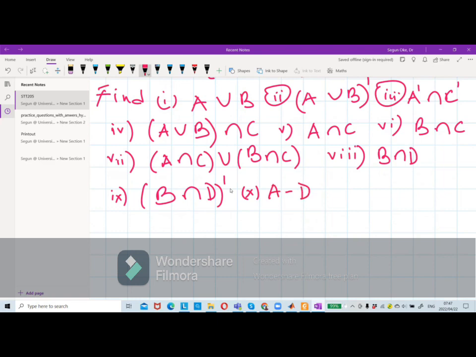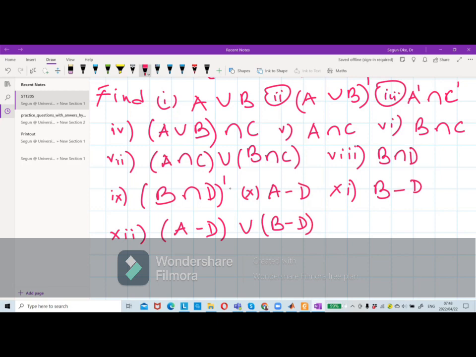That is the difference, meaning the elements in A but not in D. That is A minus D. Then Roman figure 11 is B minus D. Roman figure 12 is (A minus D) union (B minus D).